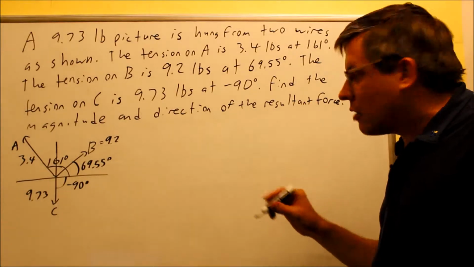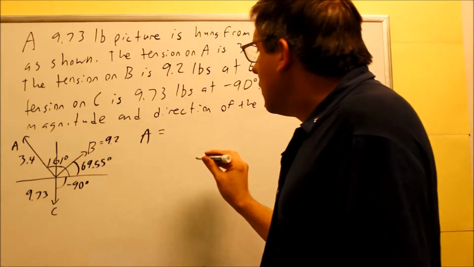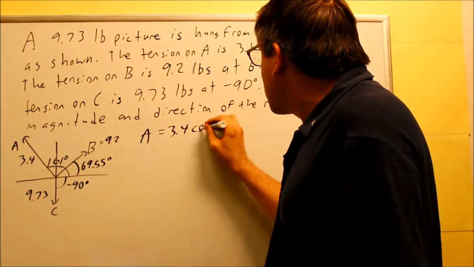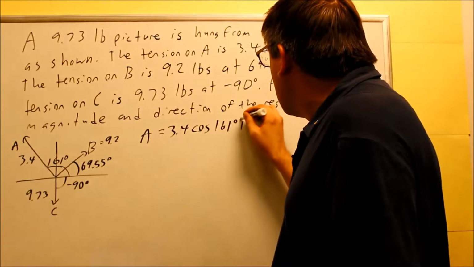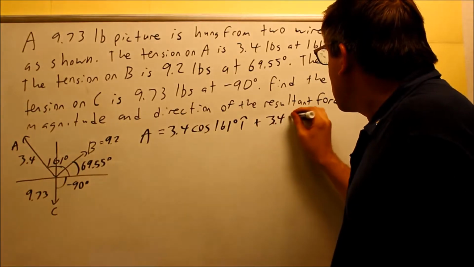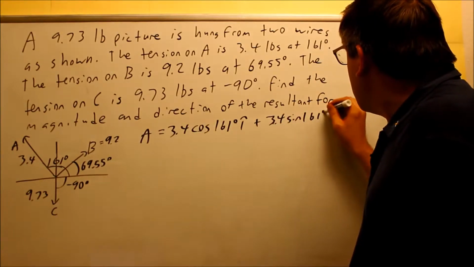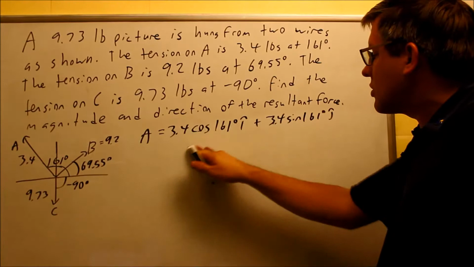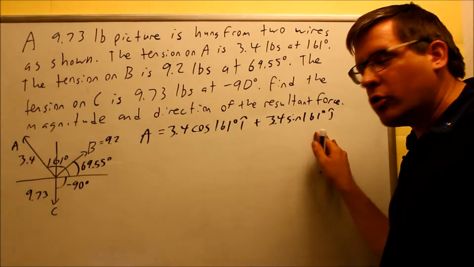Now let's break these up into components. For force A, that's 3.4 cosine 161 I, and 3.4 sine 161, that's going to be J. So that's A written out, broken up into components.